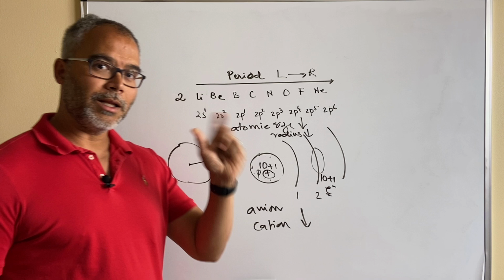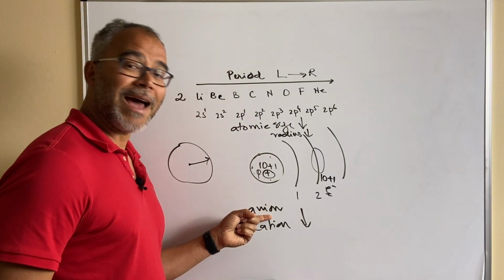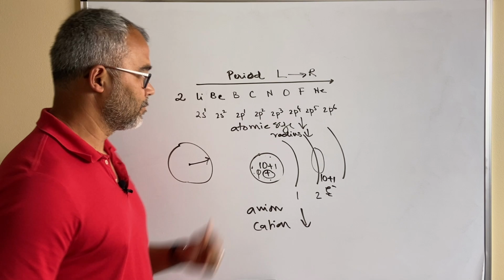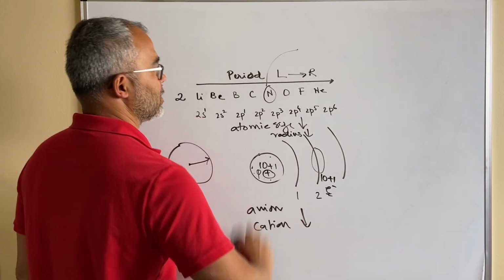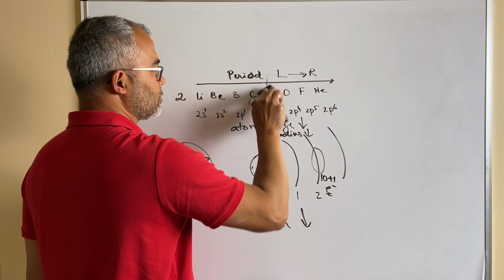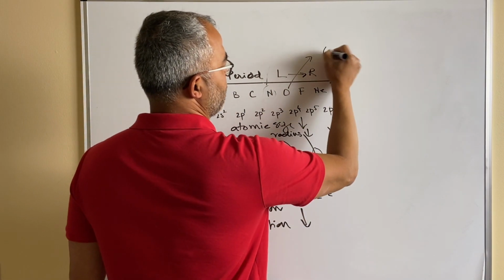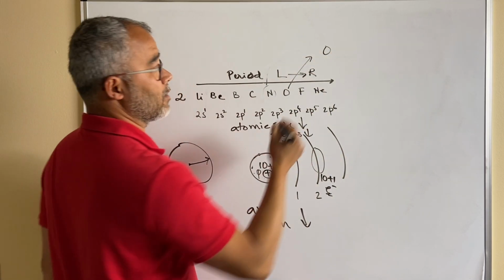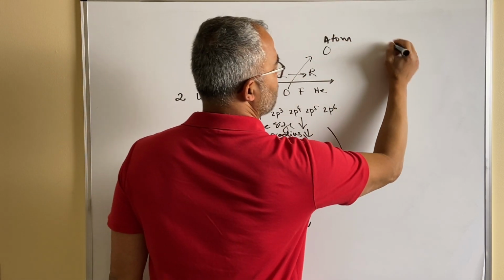Now, there's one little weird thing here. If you compare an anion with the corresponding atom, let's take oxygen. We have the oxygen atom, and we're comparing it with the oxygen anion.